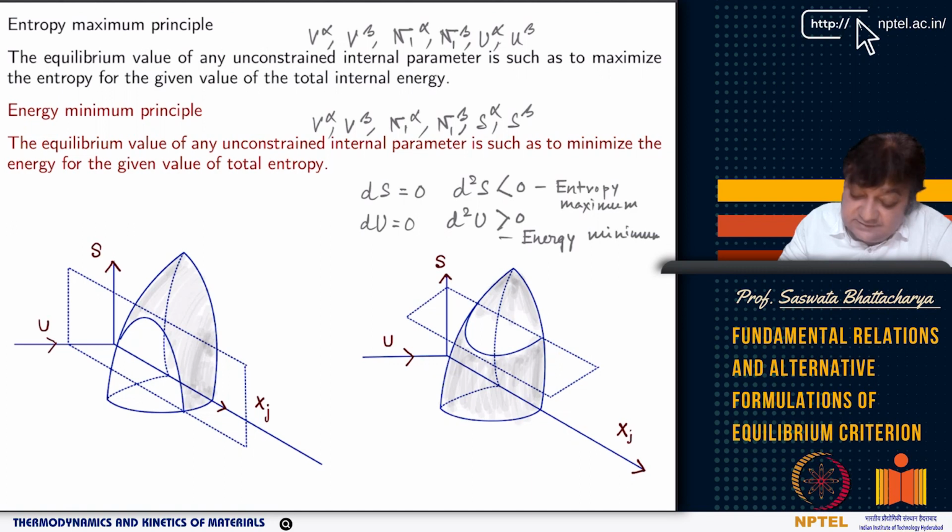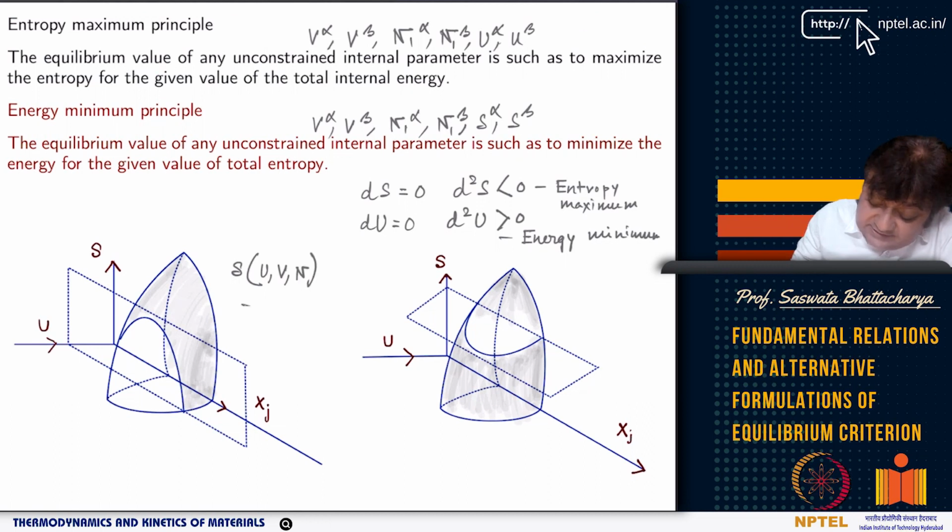What you have drawn here is essentially S as a function of U and all other parameters like V, N. So instead I am writing it as S, U and all the other parameters Xj, right?